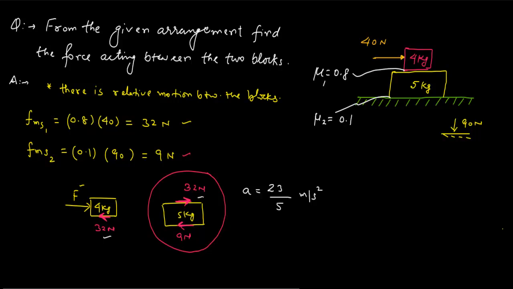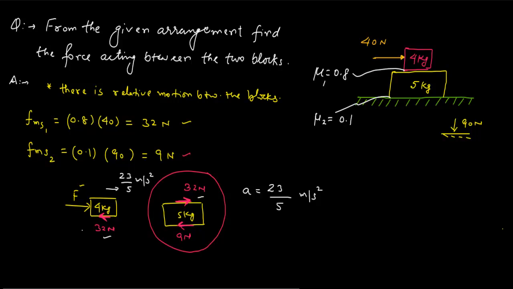Clear? And at this instant the acceleration of both these blocks is the same. This is the common acceleration at that instant of application of this force F. So this block also has the same acceleration of 23/5 meter per second square.